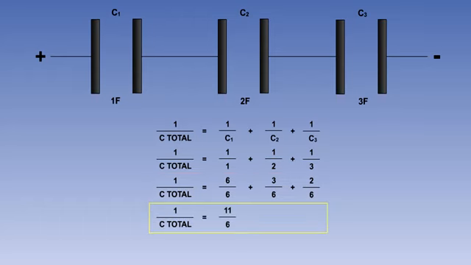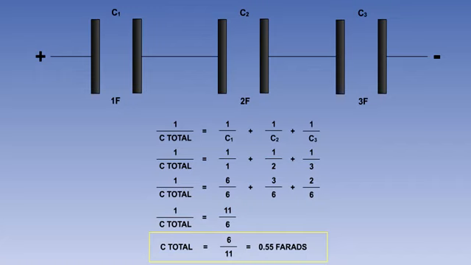That is 11 over 6. The total capacitance then is 6 over 11, or 0.55 farads.